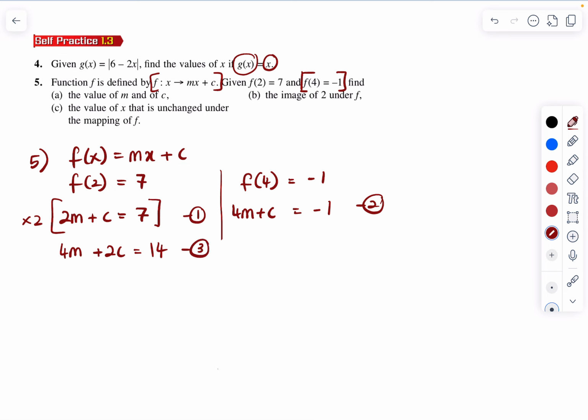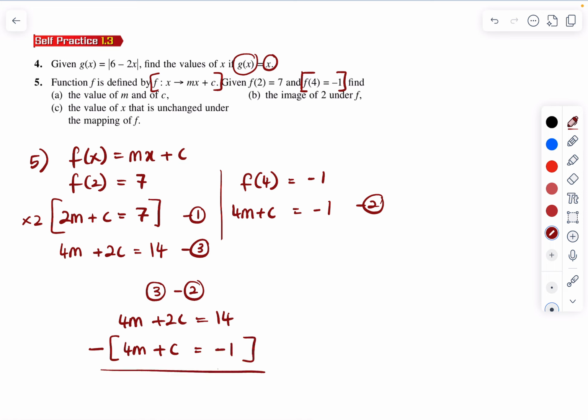So we can solve equation 2 and 3. So equation 3 minus equation 2, you get 4m plus 2c is 14 minus 4m plus c is negative 1. How can we subtract? Because we got 4m, 4m. That's the whole reason we multiplied it by 2.